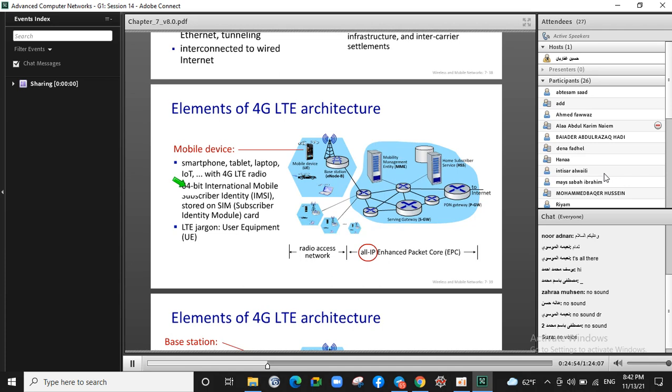The second identity that I'm using in my cellular network is my SIM card, and we know that the SIM card is dependent on my telecommunication company. If I want to use a service from a specific company, I should buy the SIM card from that company. Then I can use it.